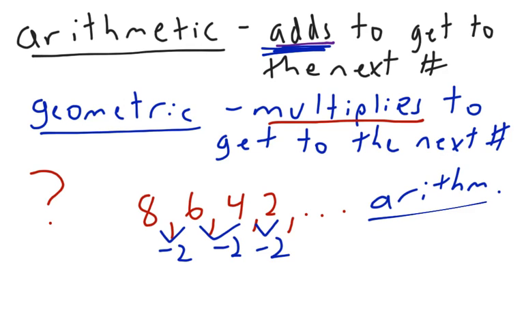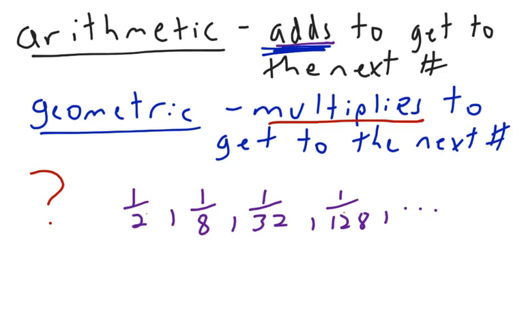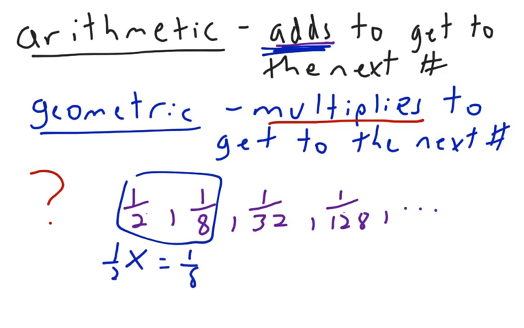All right, let's try one more. How are we getting from 1/2 to 1/8? Well, I know that I can always set up an equation here if I'm unsure. So 1/2, let's see if geometric works. If we multiply, so 1/2 x equals 1/8.